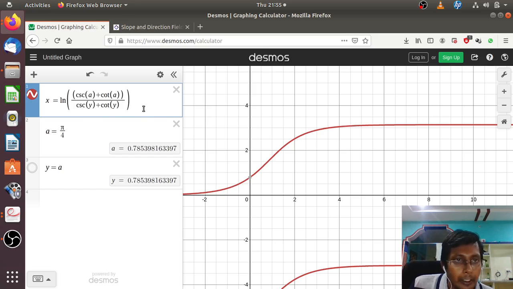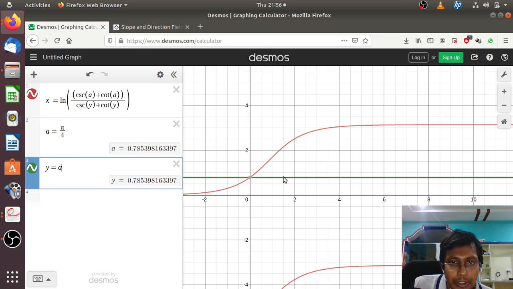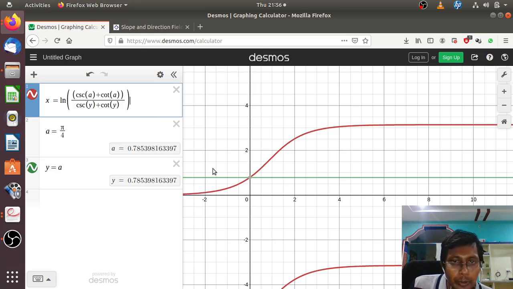And the initial condition, which I have mentioned as a, I have given as pi by 4. So where is this pi by 4? It is at this point.